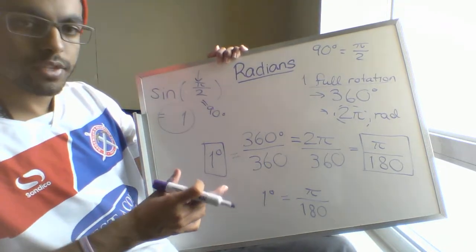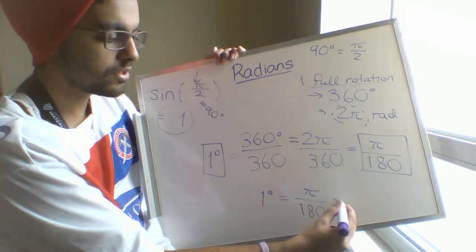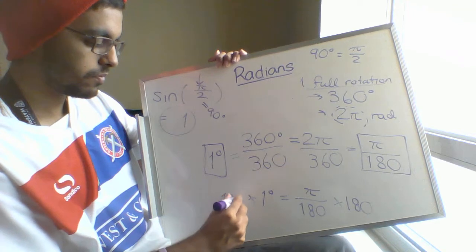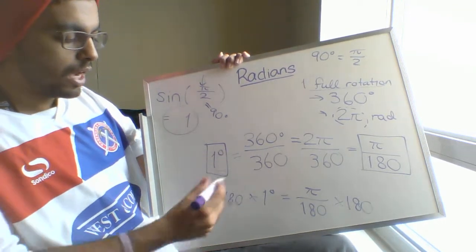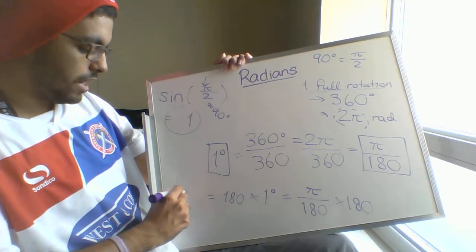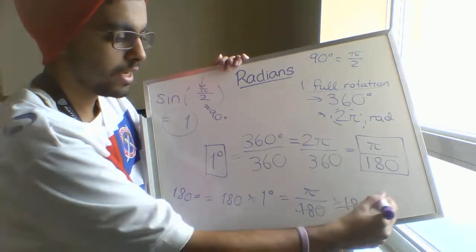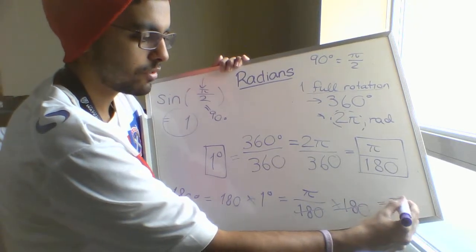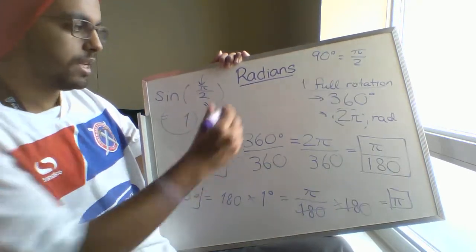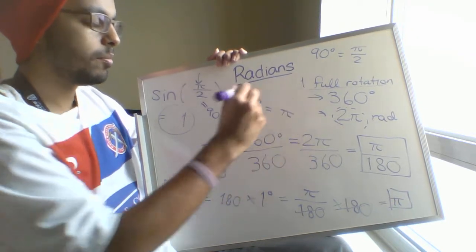And I can actually use this to pull out another useful thing. What if I multiply both sides by 180 now? 180 times 1 is just going to be 180, so this is still going to be 180 degrees over here. And over there, the 180 and 180 are going to cancel out, and I'm going to be left with pi radians. So 180 degrees is equal to pi radians.